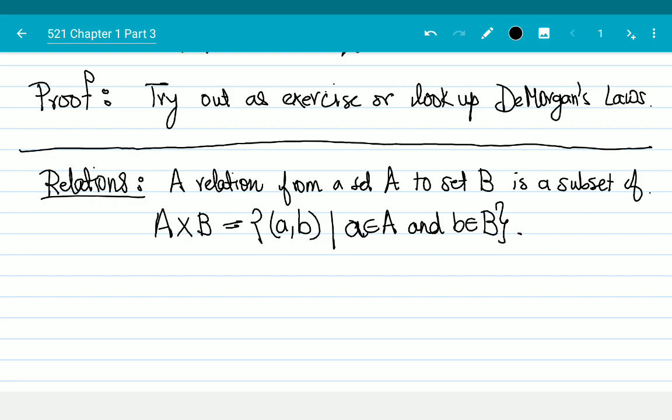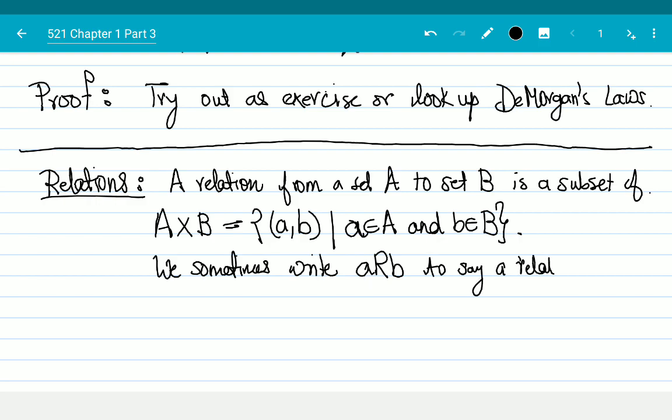Okay, we sometimes write A R B to say A is related to B. Definitions.